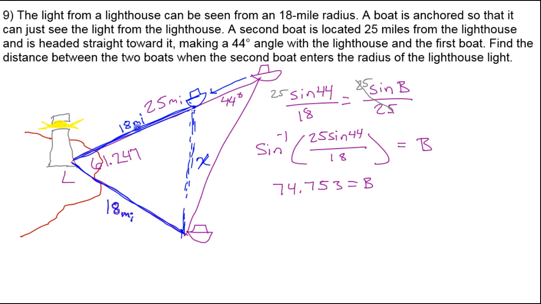So on this blue triangle, I have this isosceles triangle because of the two 18s, and that means these base angles are going to be equal. So I can find out what these angles are by subtracting this from 180 and dividing that by 2, because the base angles are equal.